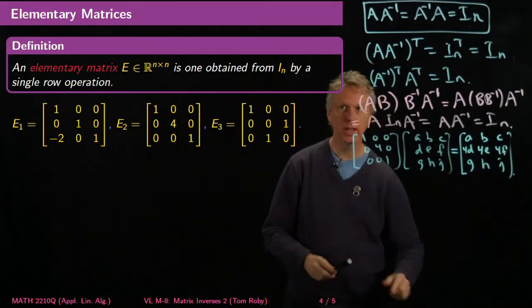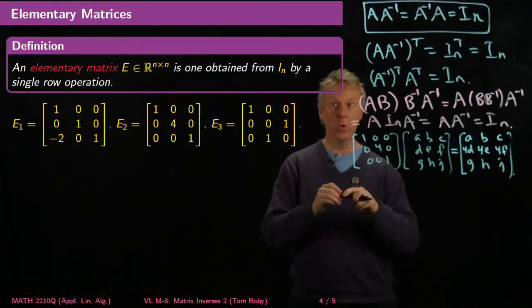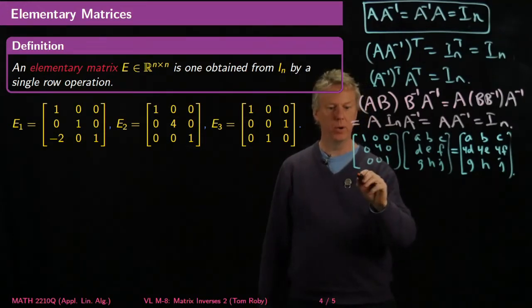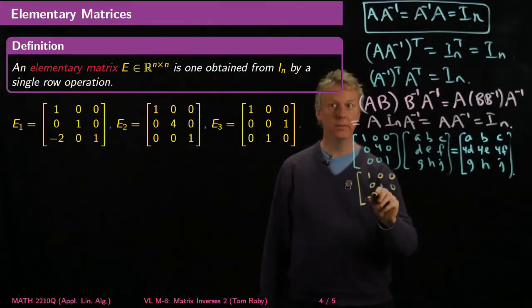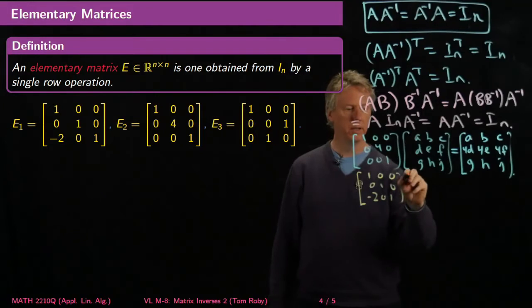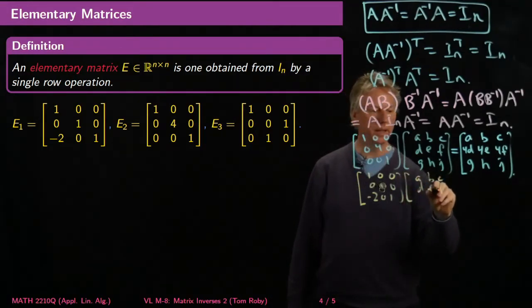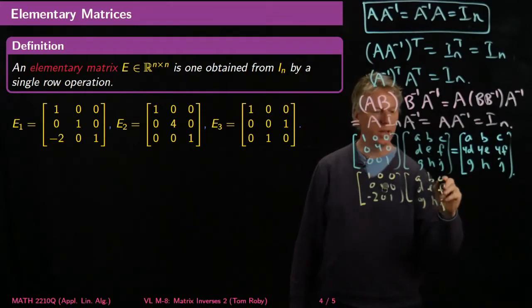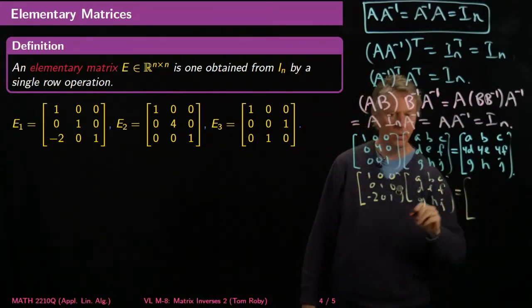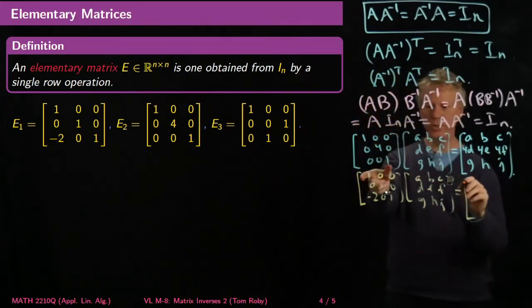What happens if, for example, we look at E1 times this. So if we multiplied 1, 0, 0, 0, 1, 0, -2, 0, 1 times A, B, C, D, E, F, G, H, J, what do I get? Well, I'm not changing the top row, right?